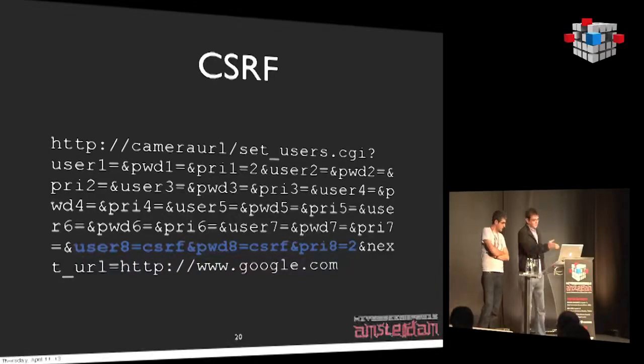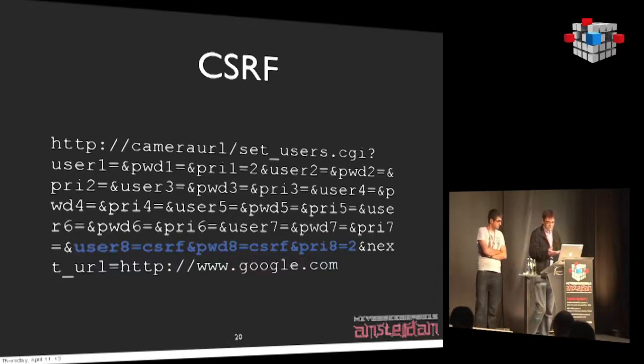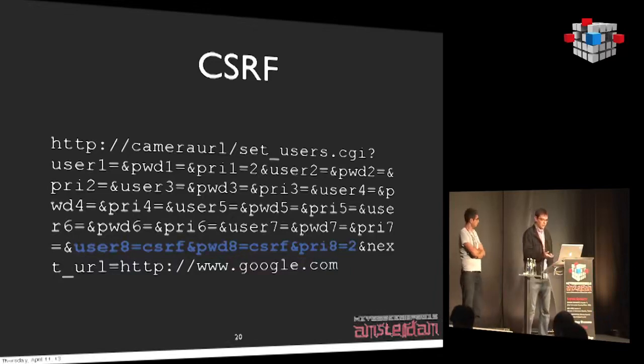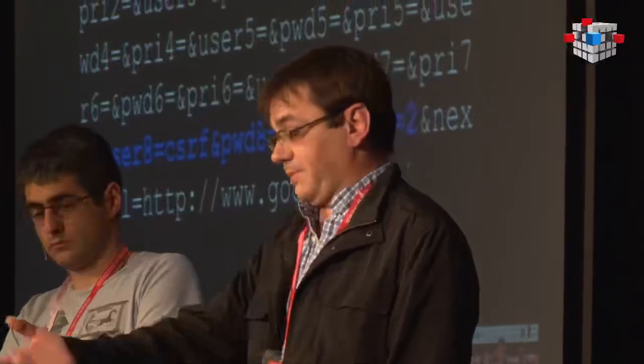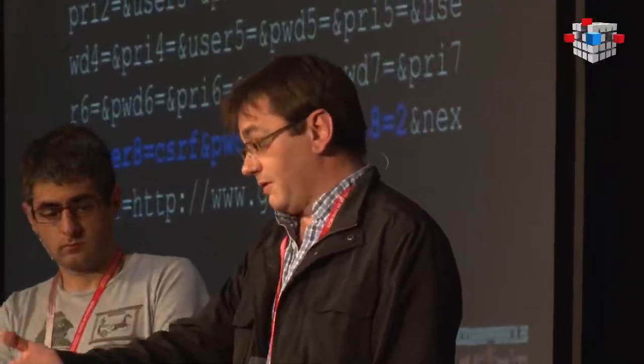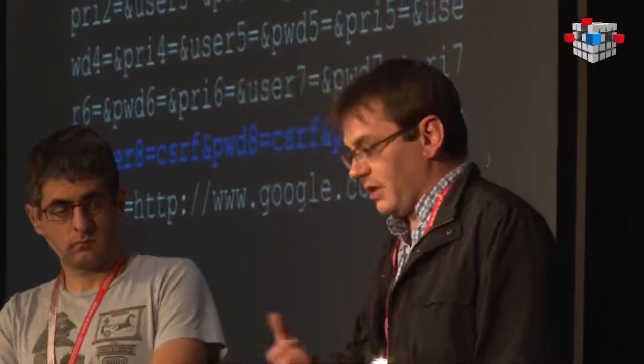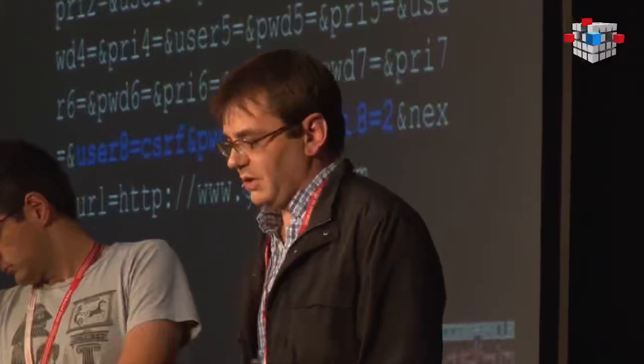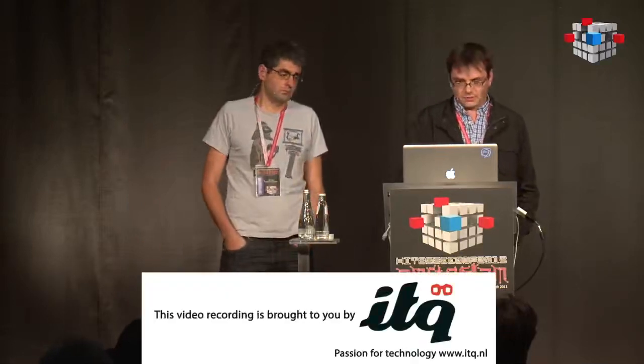Basically, you can do a CSRF attack on any CGI call of the camera, because the browser would cache the basic server authentication for you, and whoever opens this URL while already being authenticated is just going to make a request to the camera with these parameters. This one, for example, would add a user CSRF with password CSRF with admin privileges. And every CGI call could be accessed like this.